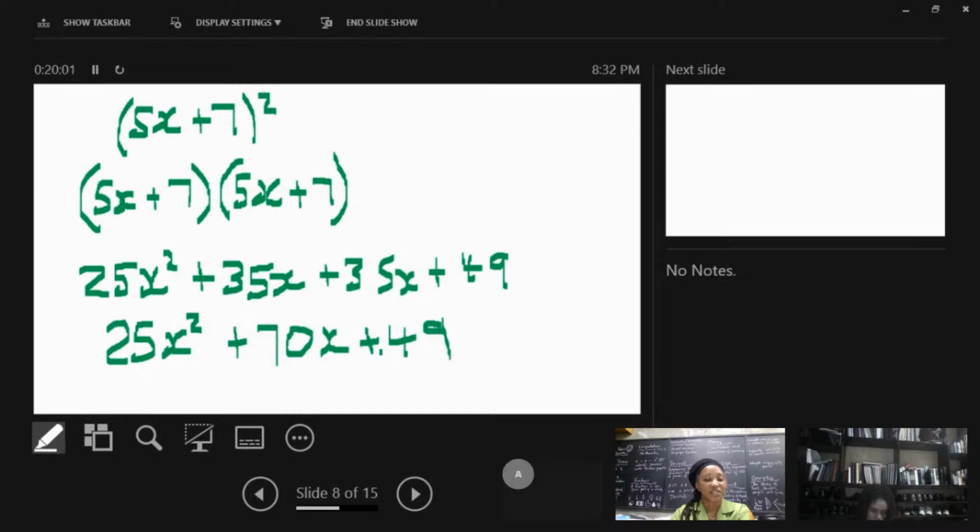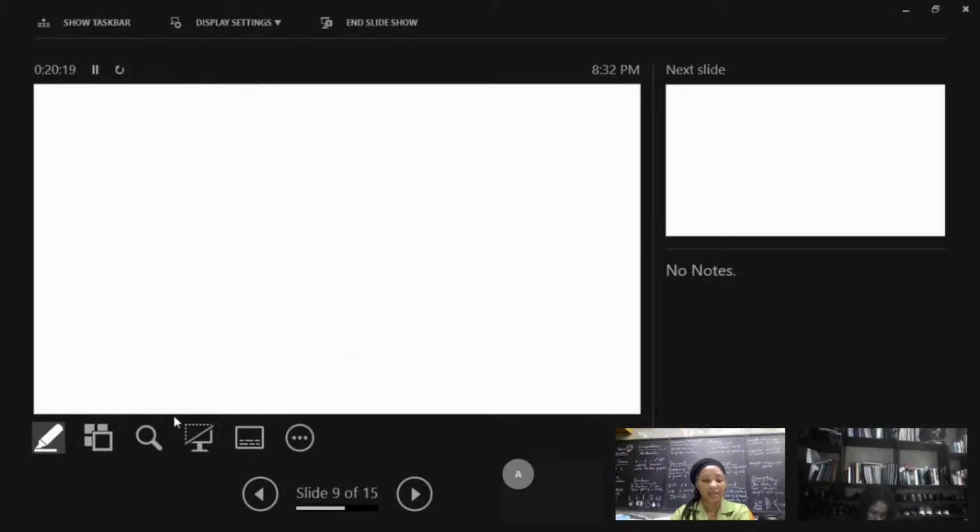All right, so let's check. When we square 5x, we get 25x squared. When we square 7, we get 49. And 2 times 5x times 7 gives 70x. Thank you, Asar.